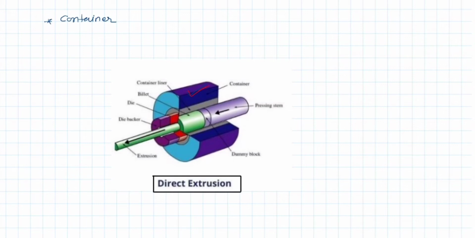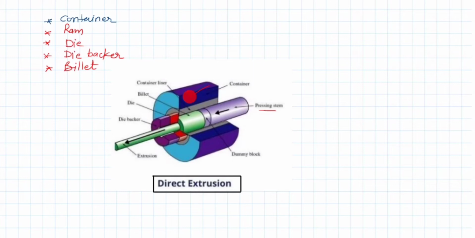Then we have a ram to press the material, then a particular shaped die, the die backer to support it, and the raw material in the form of a billet.